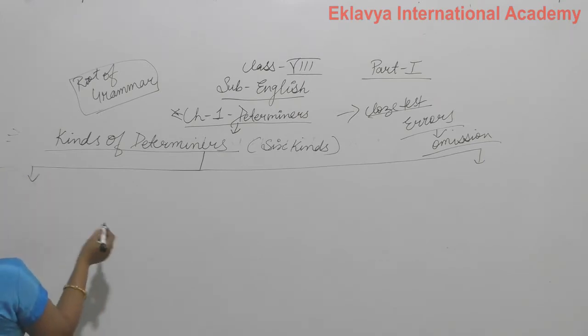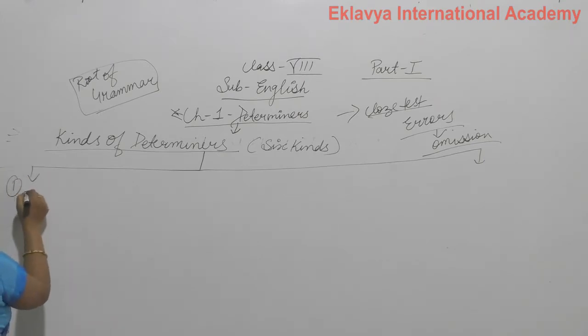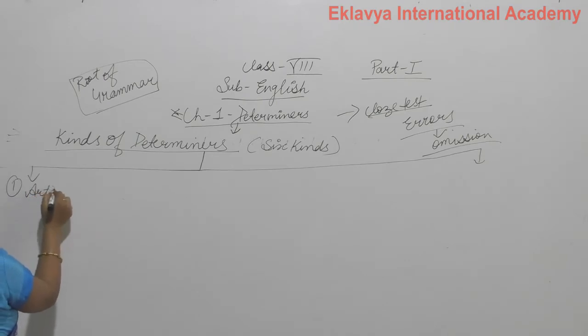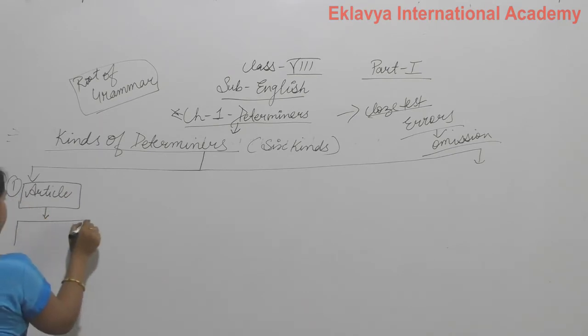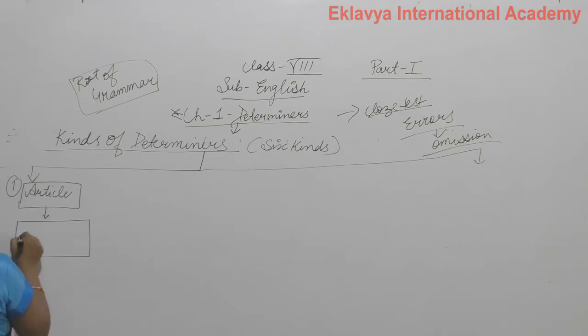First is the article. The main determiner is the article. Article consists of a, an, the, and one more article is cross.